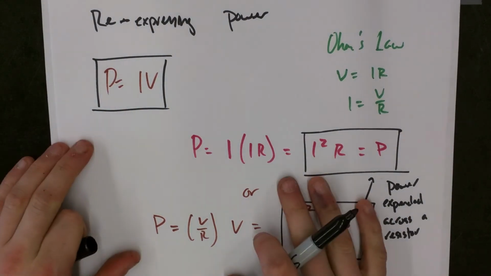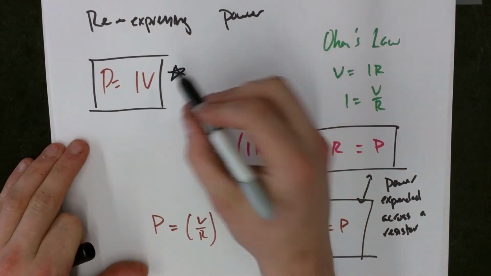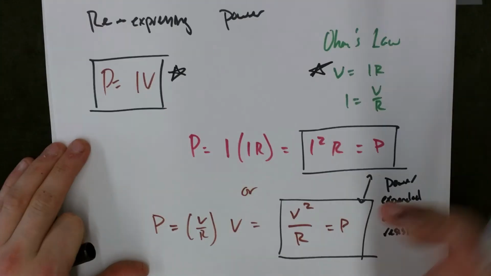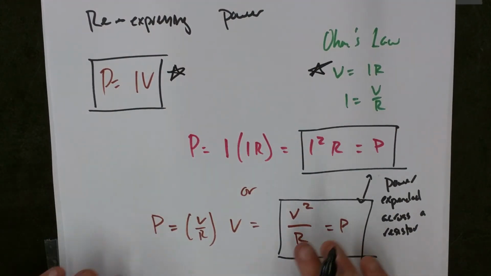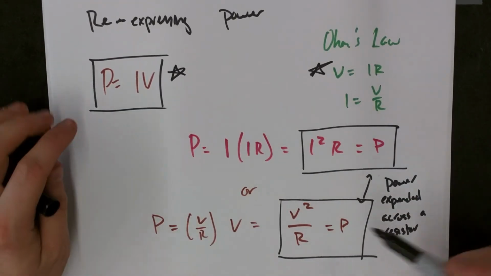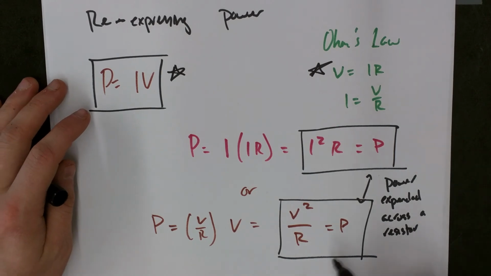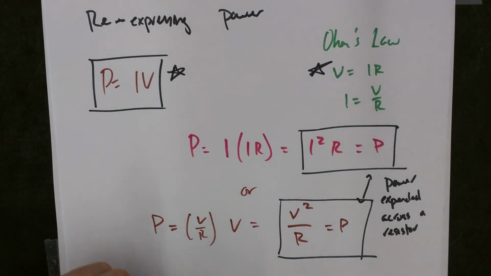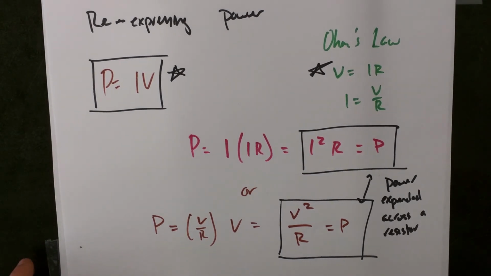I would recommend memorizing this equation and Ohm's law and being comfortable with combining these two so that you can solve for power given whatever two variables you know. All right, that's it for re-expressing power. See you guys soon.